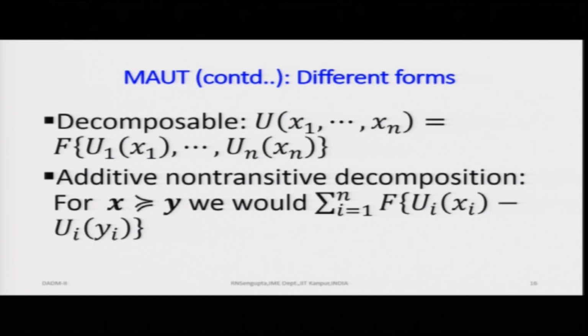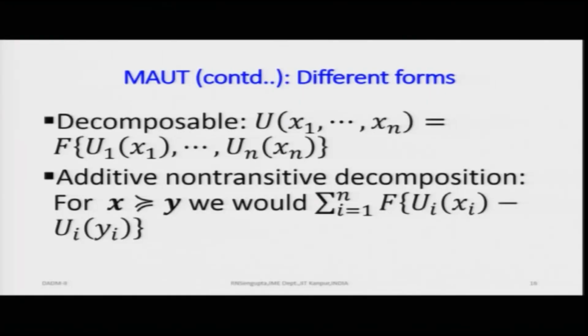For the additive non-transitive decomposition, we have the functional form where x is greater than y, in the sense that it dominates y; x is a bundle, y is a bundle of decisions. Bundle means it is a vector.